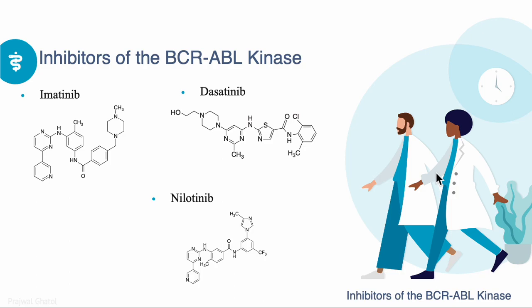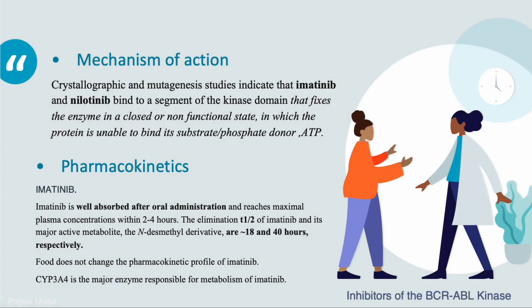These are the structures of the drugs that are the inhibitors of BCR-ABL kinase, which include imatinib, dasatinib, and nilotinib. You can have a look at the structures. The mechanism by which these inhibitors work is that they fix the enzyme in a closed or non-functional state so that the further malignant phenotype does not occur.